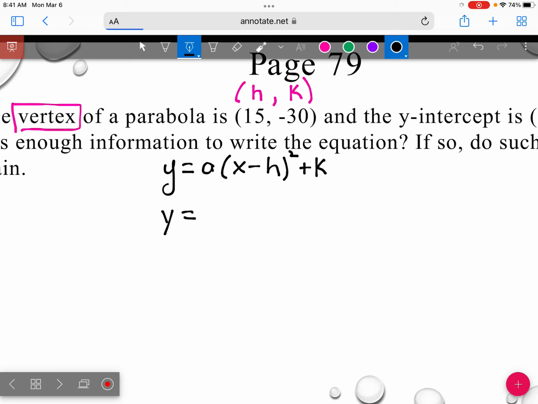So I have y equals a times x minus my h, which is 15, squared, plus my k, which is negative 30. Plus negative 30, that feels weird. What does that simplify down to?